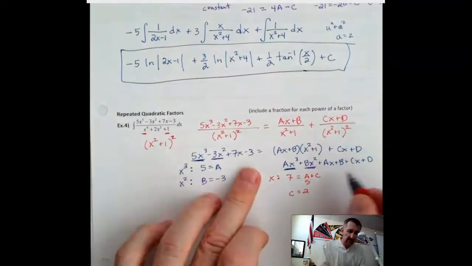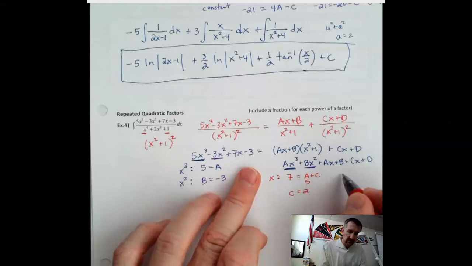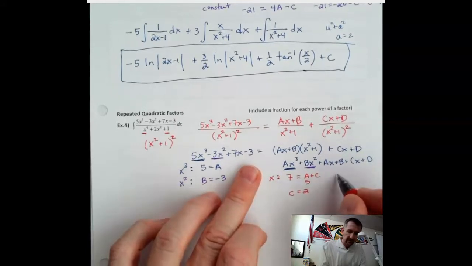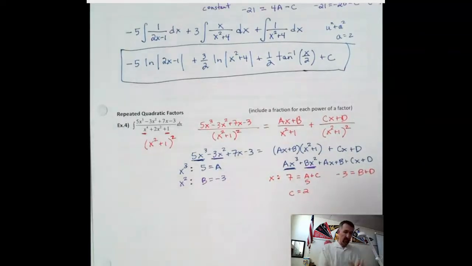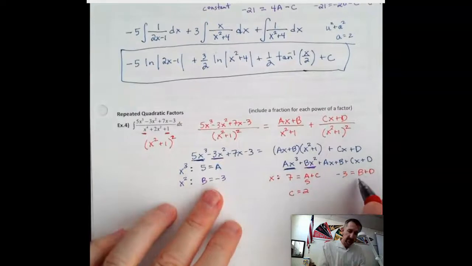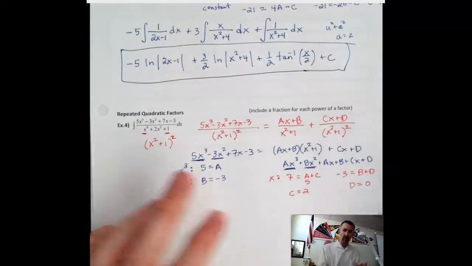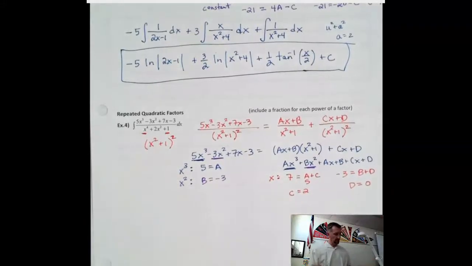And then finally the constant. I don't want to write c for constant because I already have a c there, so the constant is -3, and the constant is going to be b plus d, but we already know what b is. b is -3, and if we add 3 to both sides, we get that d equals 0. So that's probably good for us.